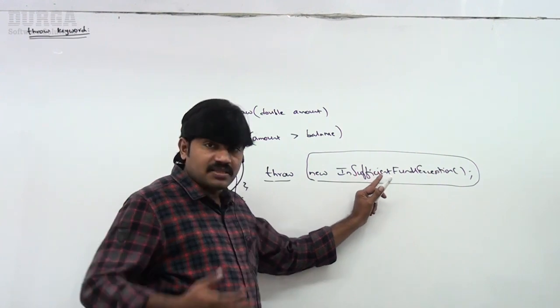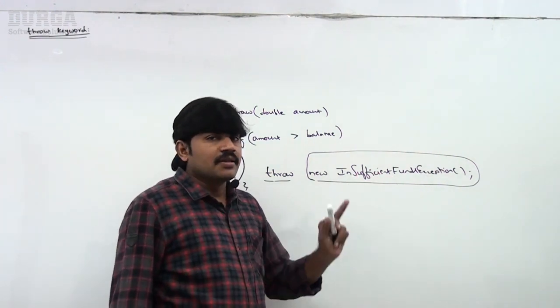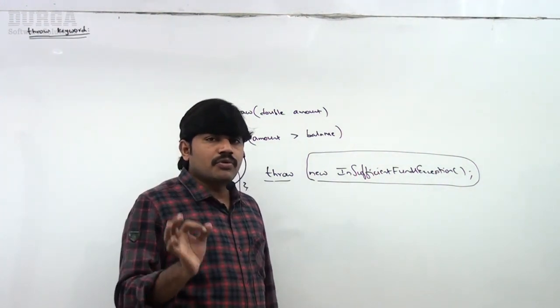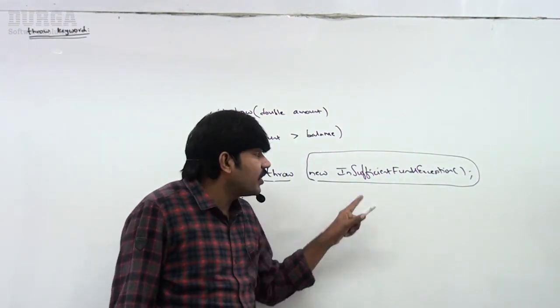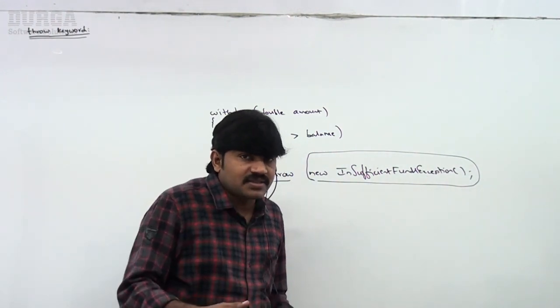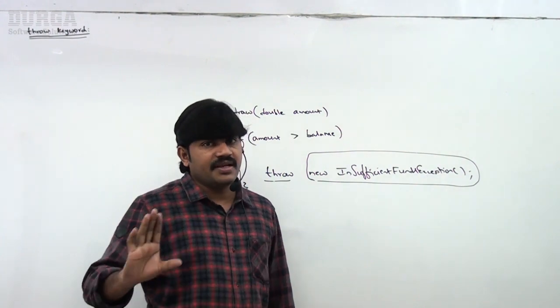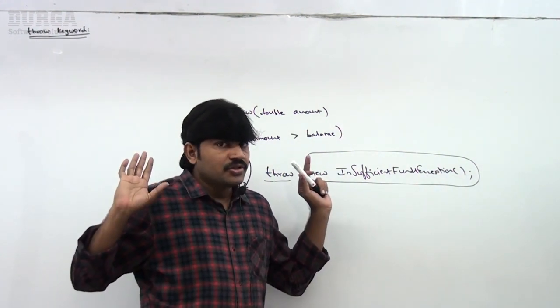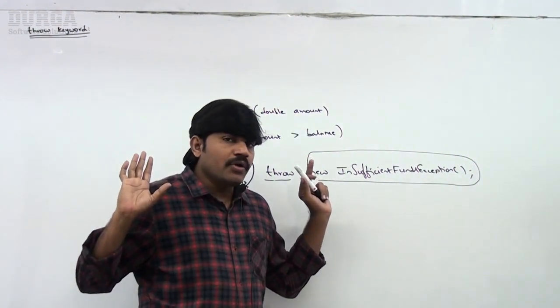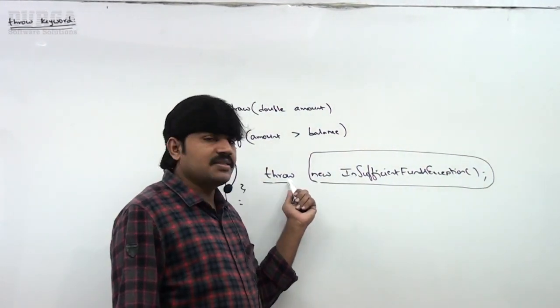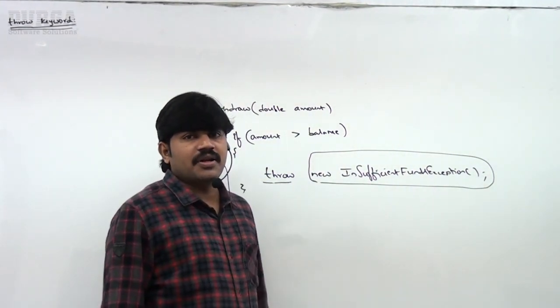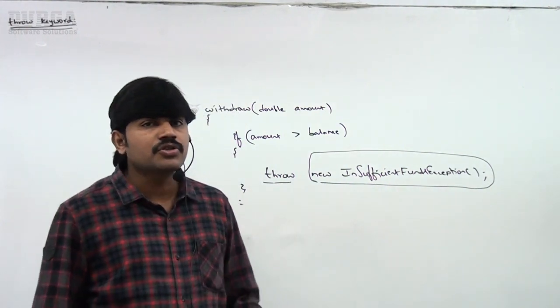It is our own customized exception, right? That's why the best use of the throw keyword is for customized exceptions, not for predefined exceptions. Clear, friends? So is it required to raise an exception explicitly? Yes, this is the example, and for that purpose we can use the throw keyword.